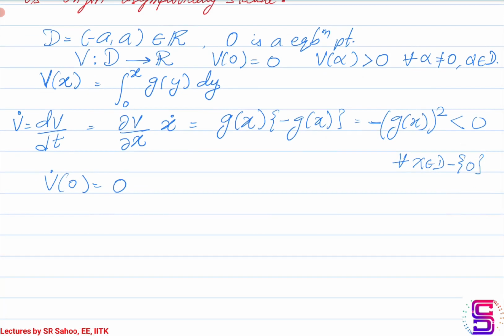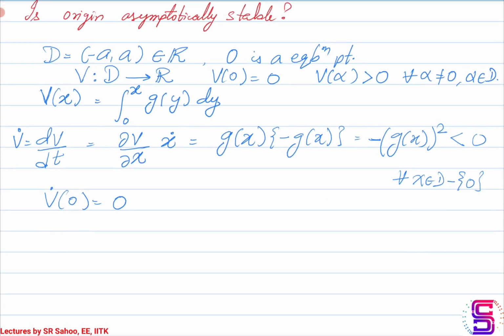So what we see is we have a positive definite function whose derivative along the system's trajectory is negative definite, and hence the origin is asymptotically stable.